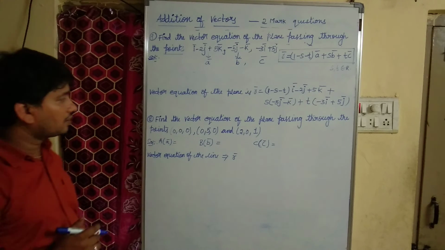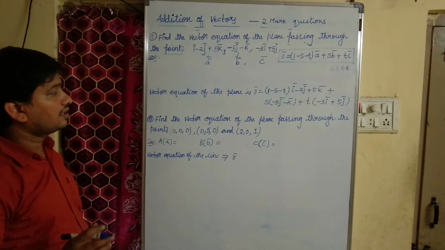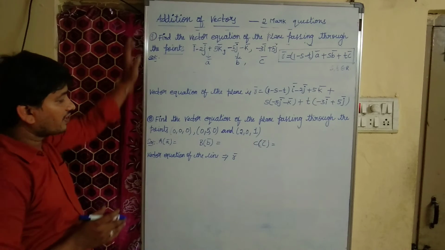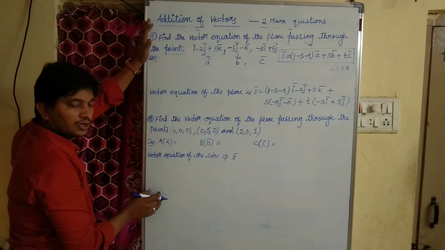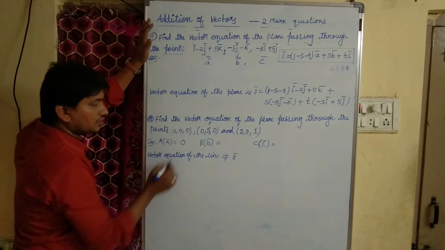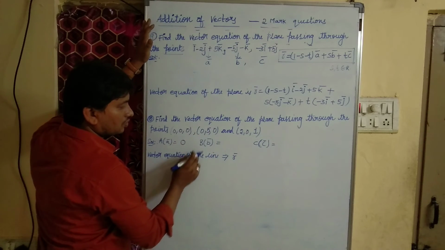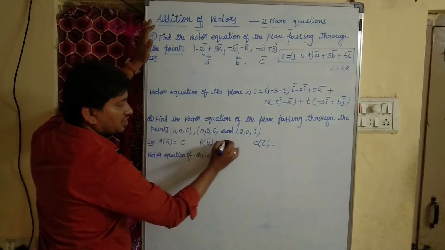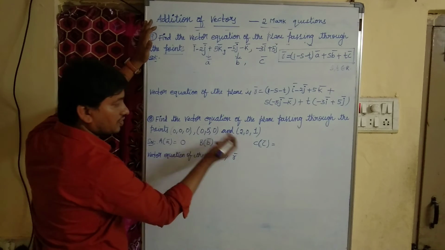In the same manner, coming to our last, 10th question: find the vector equation of the plane passing through the given points. The first is 0, 0, 0, I mean a bar equal to 0. The second one is 0, 5, 0, I mean b bar: i coefficient 0, j coefficient is 5, therefore 5j bar, and k coefficient 0.